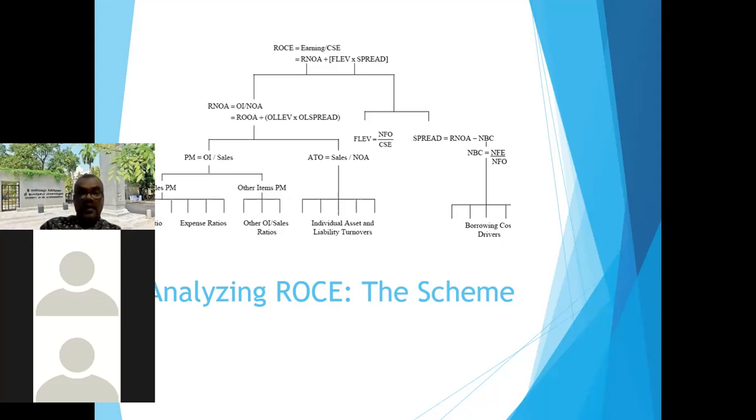That is what we call spread: return on net operating asset minus net borrowing cost. The total impact of the leverage is not the spread, but spread multiplied by financial leverage.